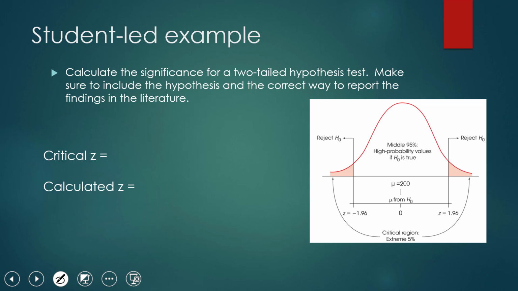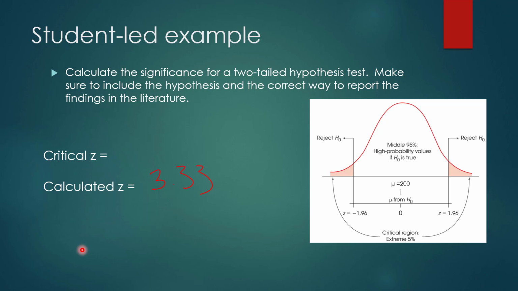So now let's remind ourselves what these numbers are. We have a critical z and we have a calculated z. The calculated z from the previous slide was 3.33. Now a critical z, that was those boundaries that we had here, right? So these boundaries are demarked by the critical z, and here we have two critical z's because we have a two-tailed test, and then these are the critical regions out here.